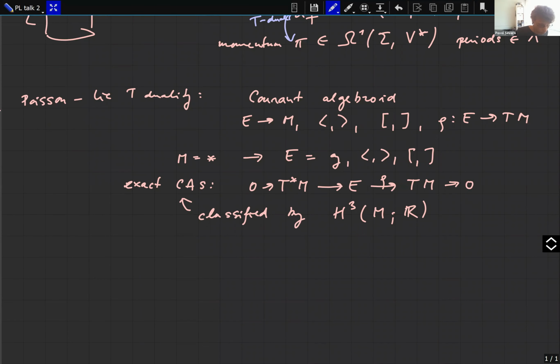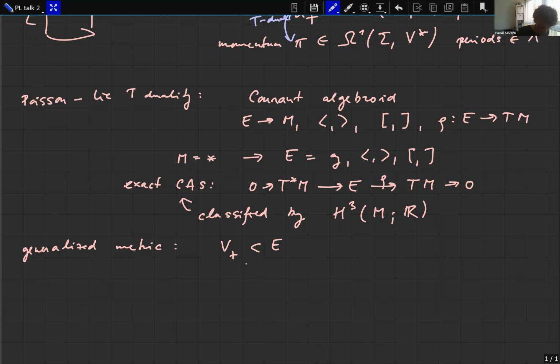Then there is one more little thingy, which is, in a Courant algebroid, I should tell you what is a generalized metric. That's simply a vector subbundle, V plus, sitting in E, which doesn't satisfy almost anything.